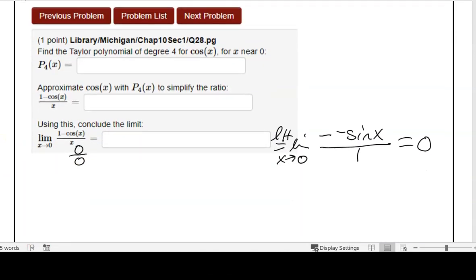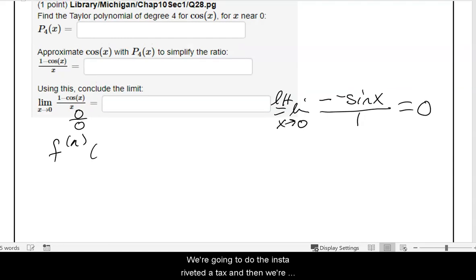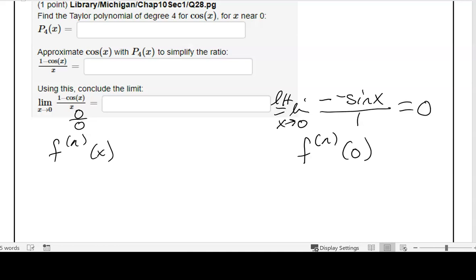limit. All right, so we're starting with cosine of x. And we're going to do the nth derivative at x, and then the nth derivative at 0, which is our center. And this is actually a Maclaurin polynomial. So if we start with the original function, which is cosine, and this is the zeroth derivative, of course.